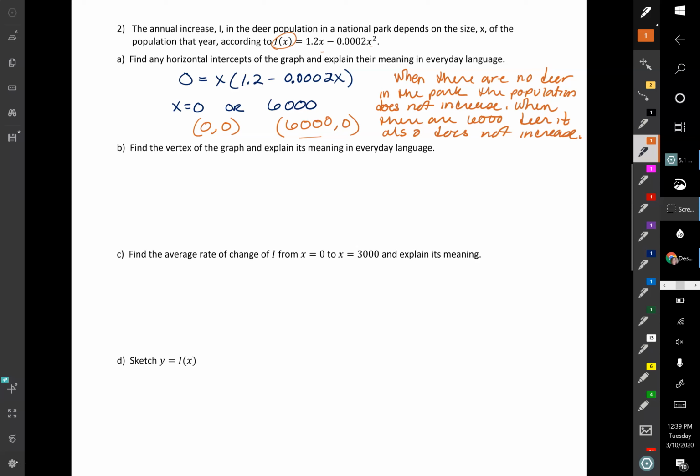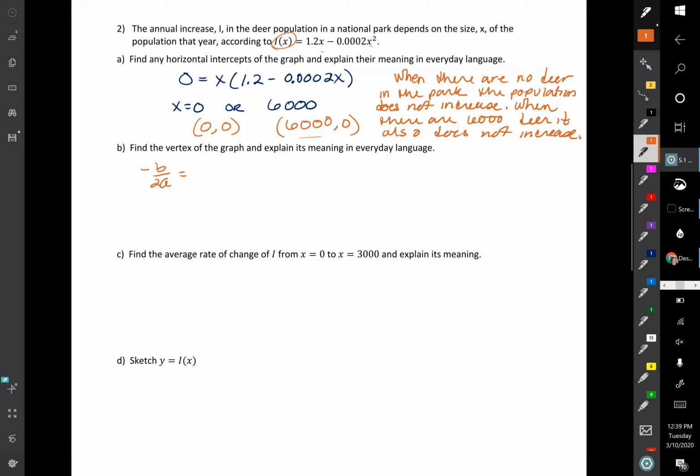So part B is find the vertex of the graph and explain its meaning in everyday language. For the vertex, we would use minus b over 2a. So go ahead and plug that in and calculate that out. Just take a minute to do that.